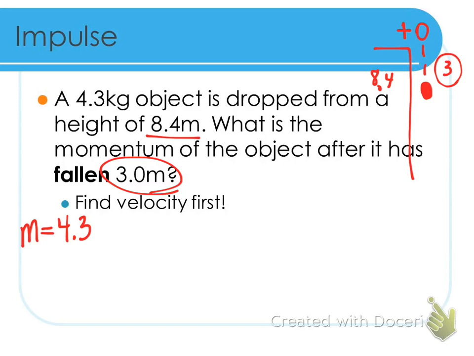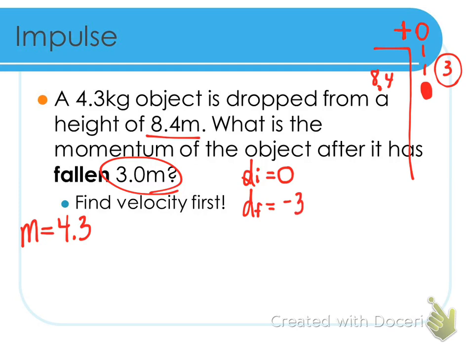You could say your initial displacement is 8.4, your final displacement is 5.4, right? Or you could say your initial displacement is 0 and your final displacement is -3. Does that make sense? You need to set your origin one place or the other. I always like to put my origin here, which means when I'm looking at my kinematics, I would say my distance initial is 0, and my distance final is -3, right?